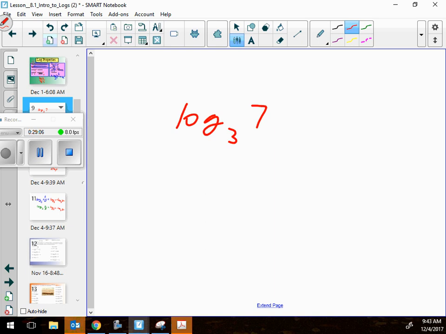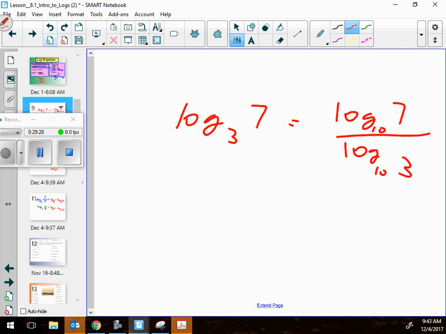Log 7 over log 3. And I didn't write any bases. So what base is it? Base 10.